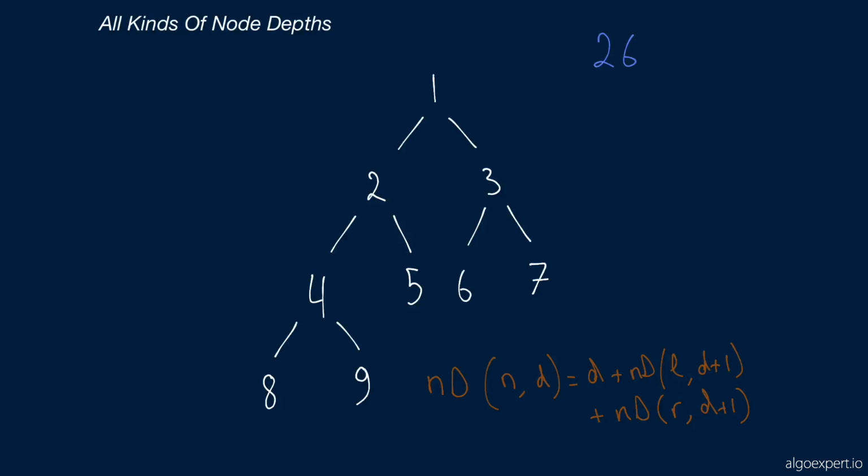So instead of just calling it on the tree rooted at 1, call it on the tree rooted at 1, and on the tree rooted at 2, and on the one rooted at 3, and on all of the others.